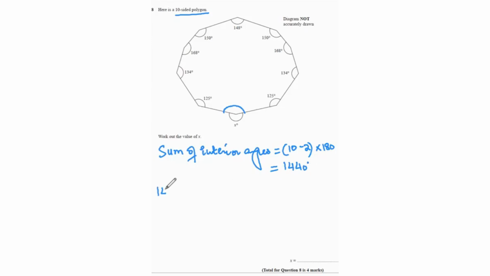So from 1440 degrees, we're going to subtract all of these. So that's 148 plus 2 times 150 plus 2 times 168 plus 2 times 134 plus 2 times 125.